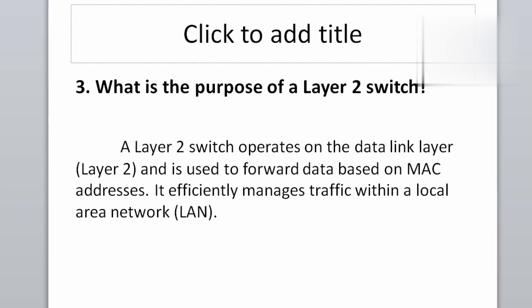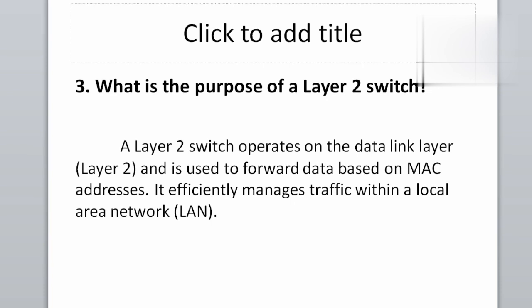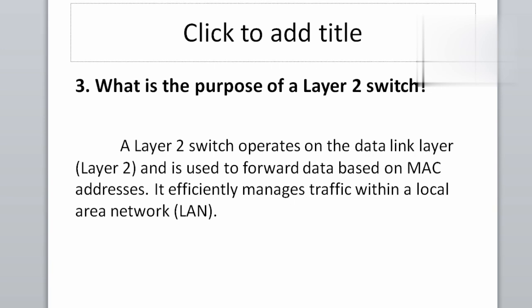In layer 2, data is in the form of a frame, and that frame has the source MAC address and destination MAC address. When they send the data to the destination, the switch always checks its MAC address table, and with the help of that MAC address, they send the data to the destination.